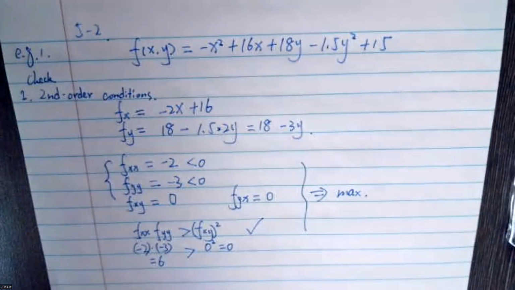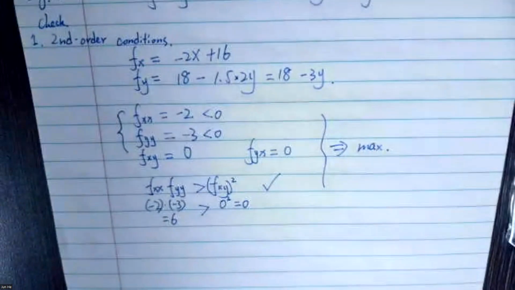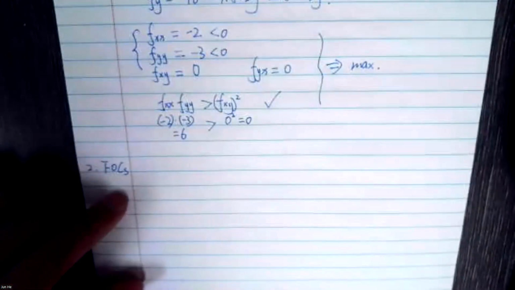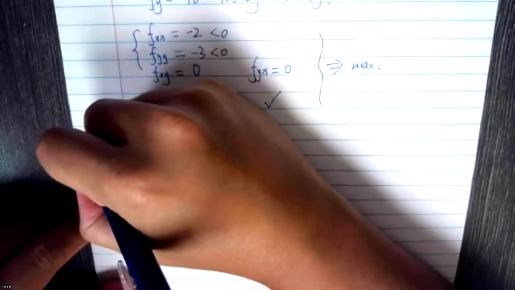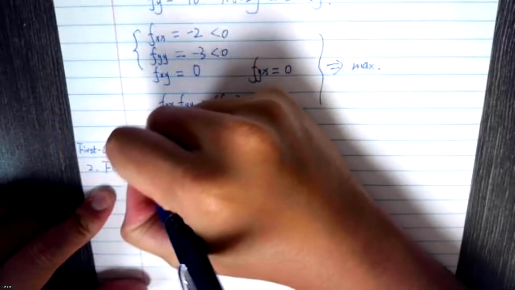Okay, so what are we supposed to do for the next step? That is actually step 2, first order conditions.